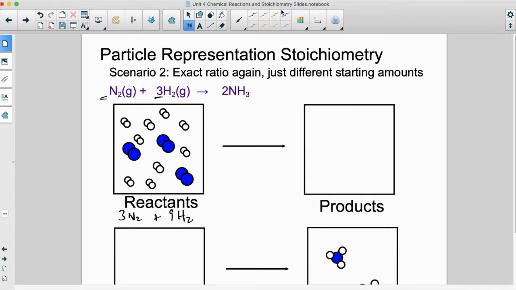So here, to draw our particle model, we're going to make 6 ammonia molecules. I'll put in all my nitrogens first, and then put in the hydrogens for ammonia.